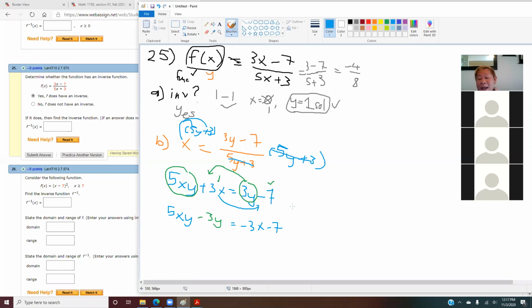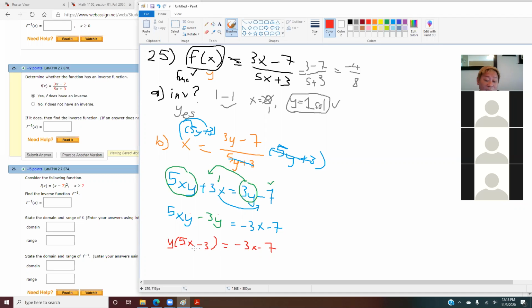This is your next step, which a lot of students don't know how to do. We are moving all the y's to one side and all the non-y terms to the other side. Because this side has all the y variables, you can factor the y out. So when you factor the y, you will get y times (5x minus 3) equals negative 3x minus 7.